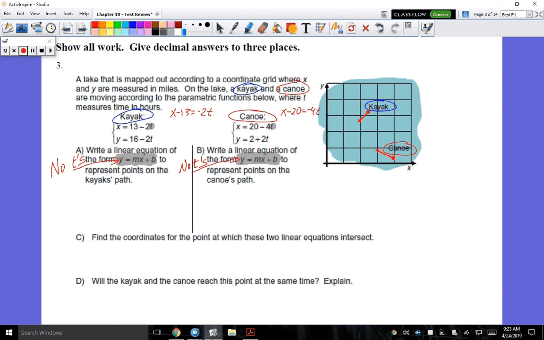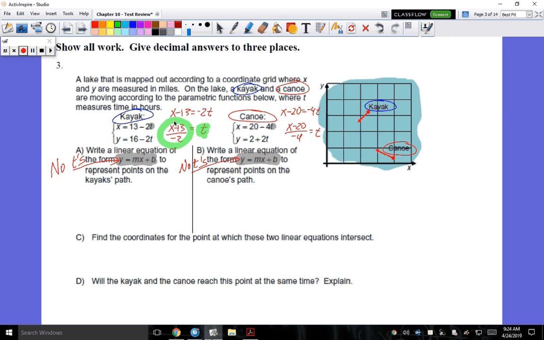Now dividing by the coefficients of negative 2 and negative 4, we're going to get x minus 13 all over negative 2, and x minus 20 all over negative 4. Okay? And what we did there is we basically found t in terms of x.